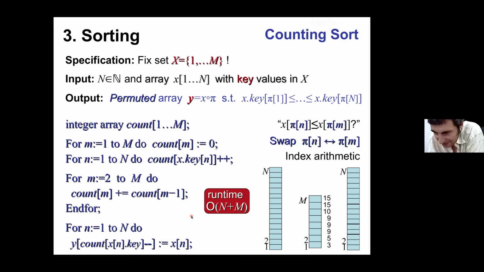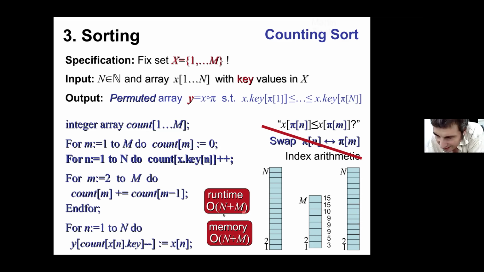And what is the runtime of this? You have loops from 1 to n and 1 to m, so the runtime is n plus m. This is linear in n, but you always have this piece with the m, and I explained this at the time of the database uniqueness algorithm.